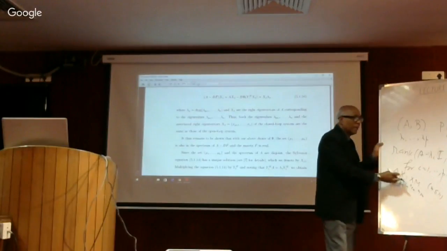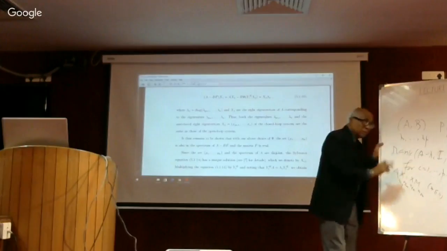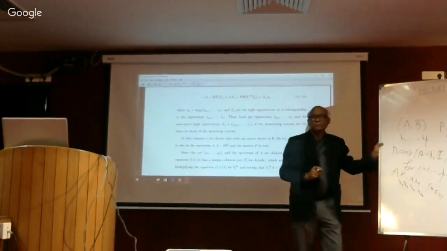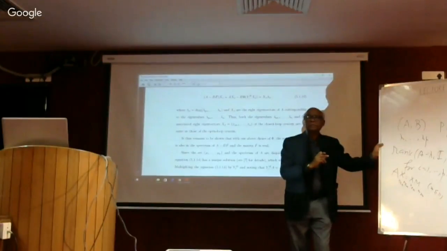And X will be the eigenvector matrix corresponding to the m eigenvalues. It's a very interesting matrix equation result. Do you understand what I said?